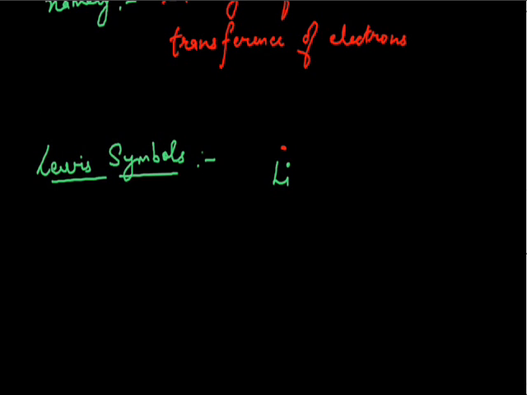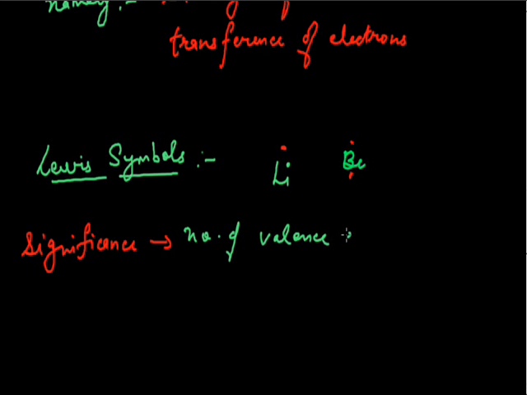Another example is for beryllium. He took the symbol of beryllium and put two dots around it. The significance of these dots was that it used to represent the number of valence electrons found in that particular atom.